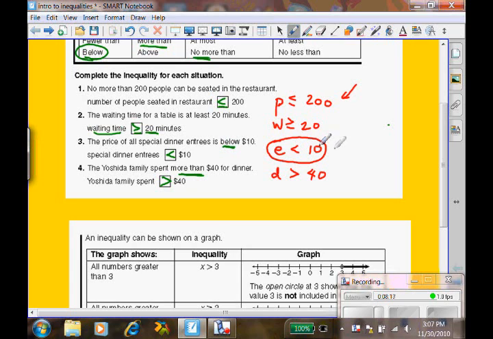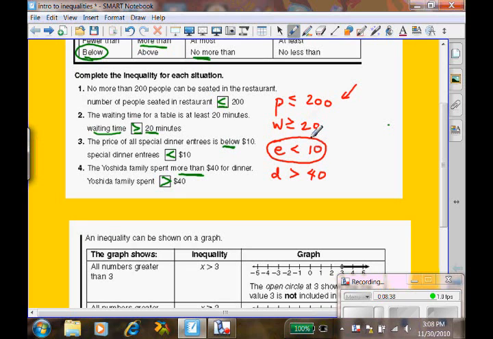It could be $9.99. It could be $9.98. It could be $9.75. It could be just $9. It could be $8.50. It could be $7.25. It could be $6.44. We could keep going on and on for a very long time and not list all the possible prices for those dinner entrees.